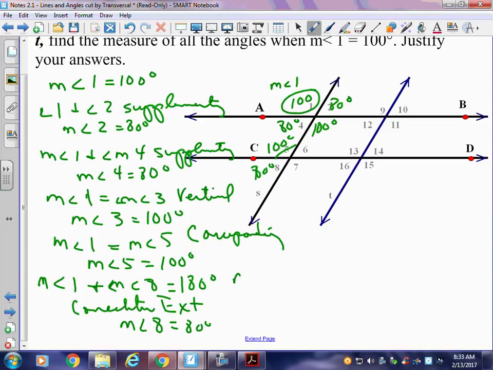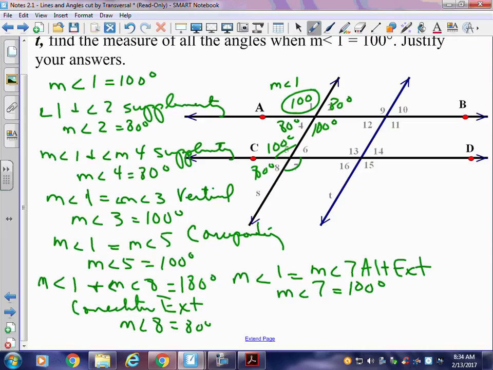And then the measure of angle 1 is equal to the measure of angle 7 because they're corresponding. Excuse me, not corresponding. This angle and angle 1 are alternate exterior. So therefore the measure of angle 7 is equal to 100 because they're equal.